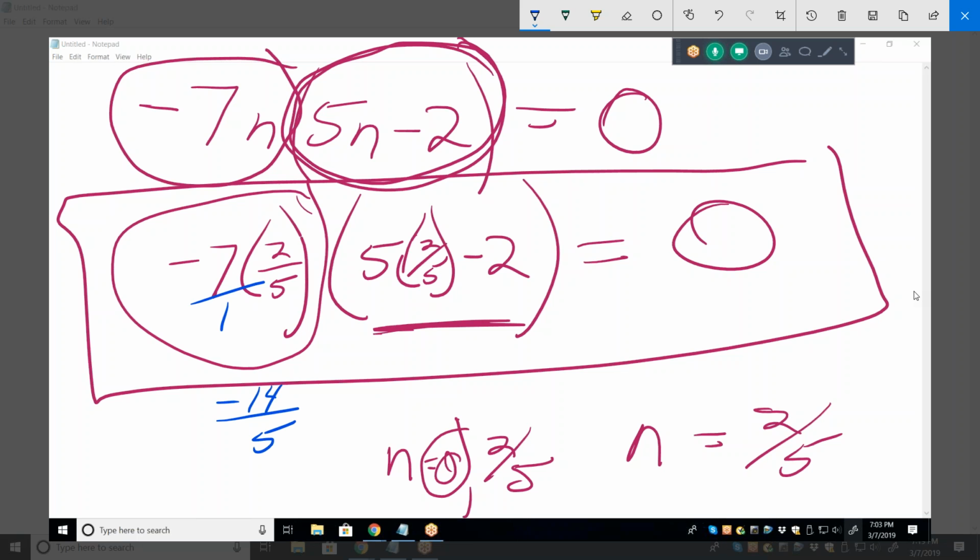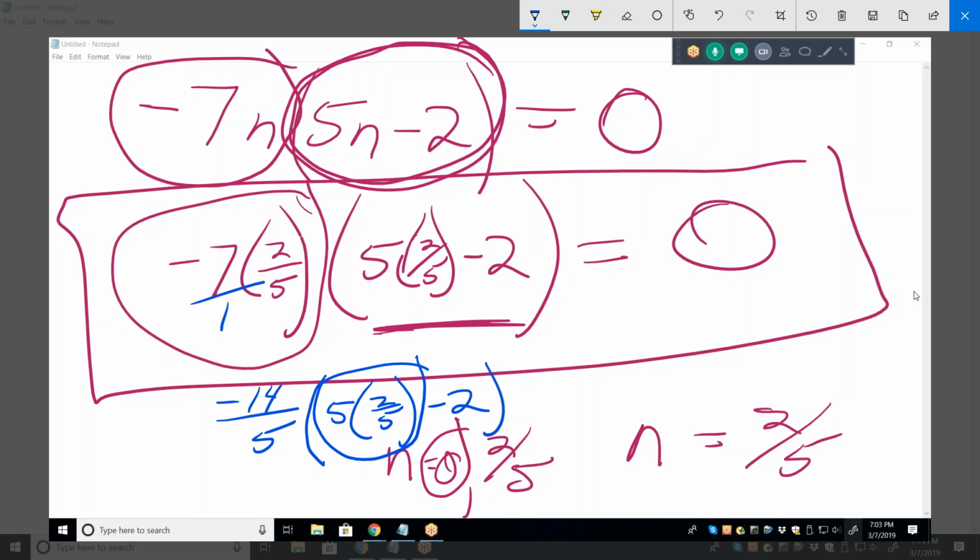Okay, now I have to multiply that by 5 times 2/5 minus 2. Well, start from the inside out. What's that equal to? 5 times 2/5 is 2.